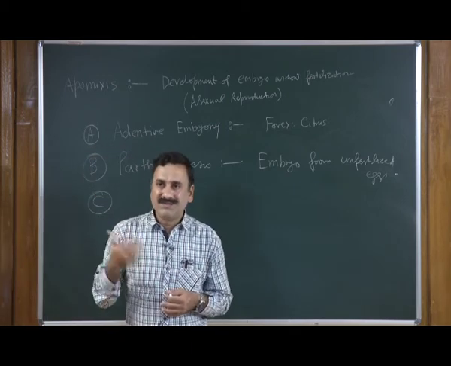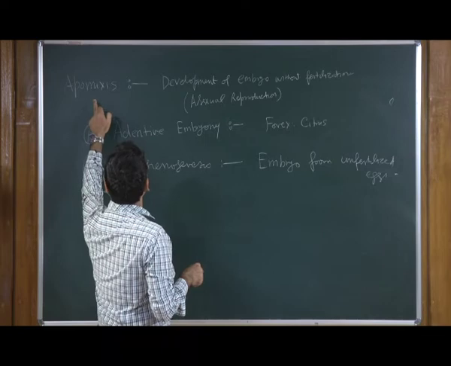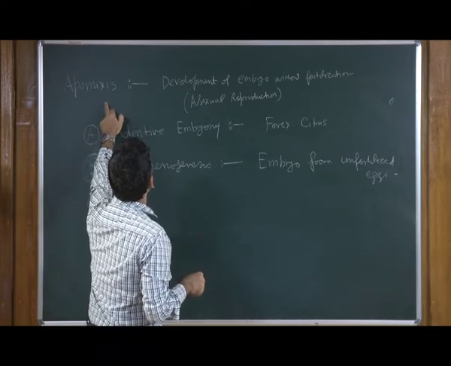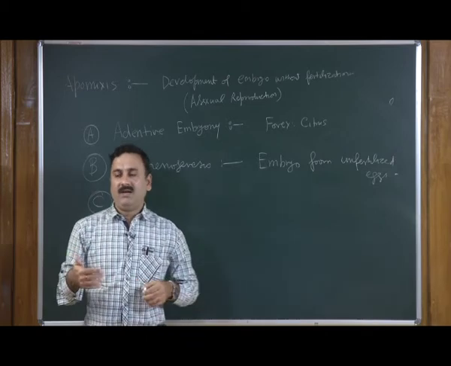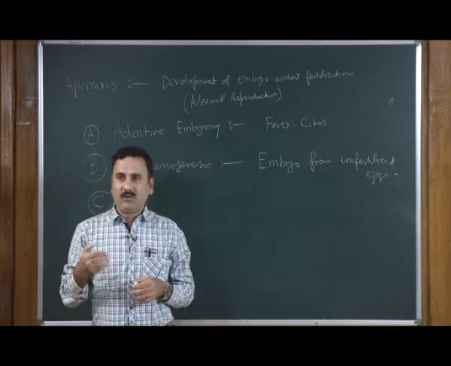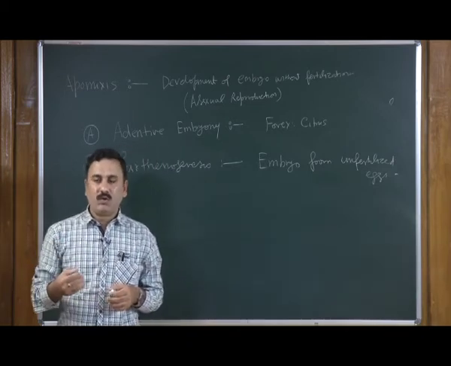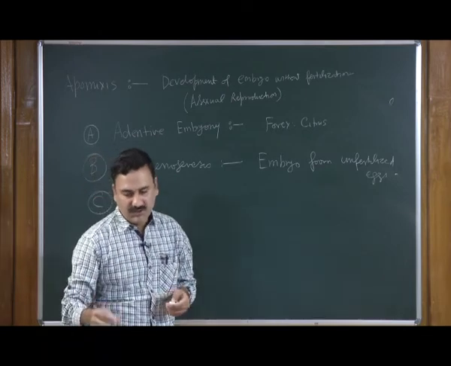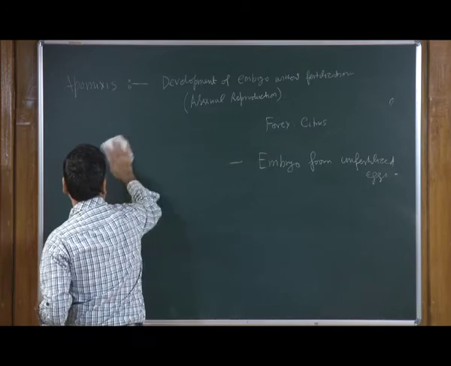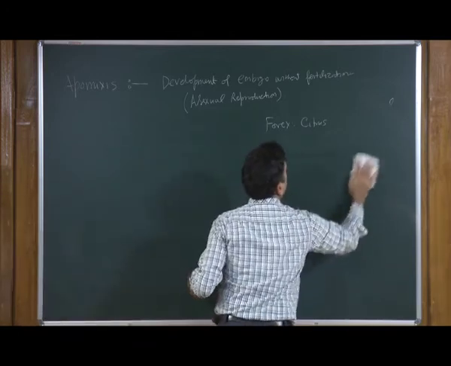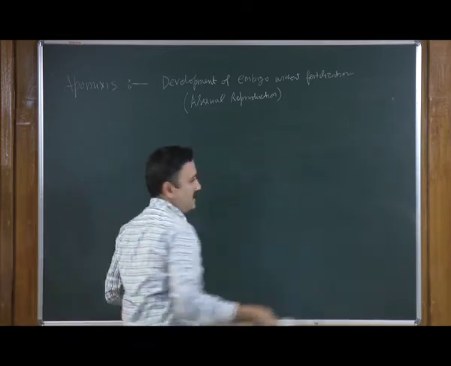Now, what you can see is that if there is a plant which goes for apomixis, and the same plant is also going for sexual reproduction, it is going to have a very strange condition.